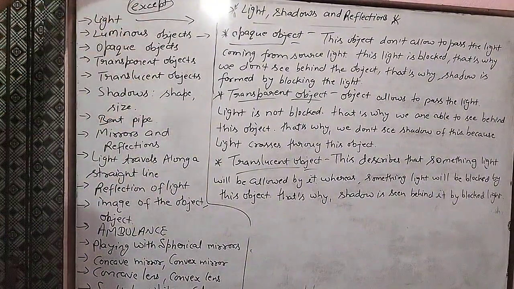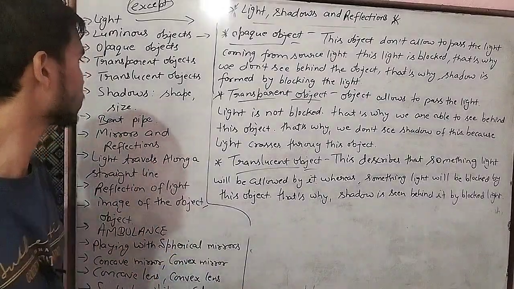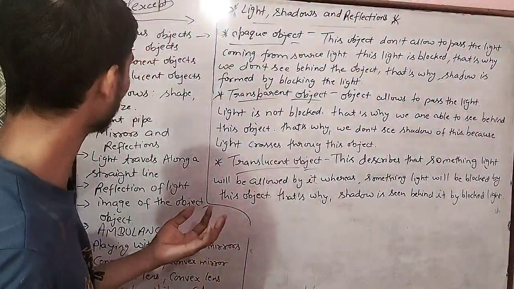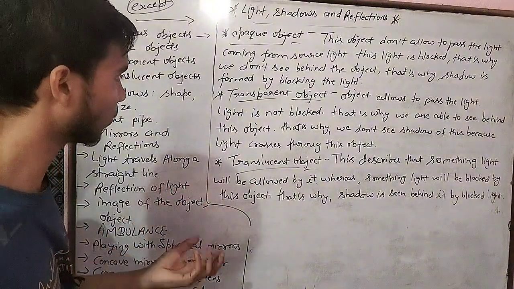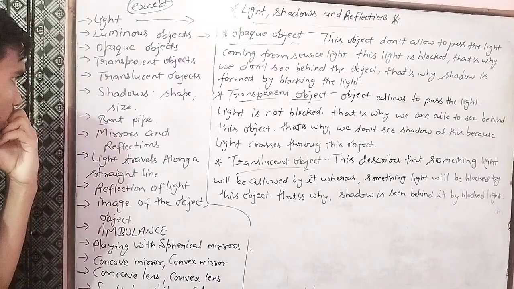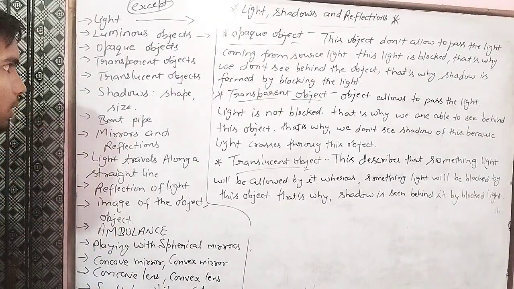Shadows: shape and size. It's time to understand about the shadow's shape and size. A bit of information we have discussed about the shadow. So shape and size, it is compulsory to understand.